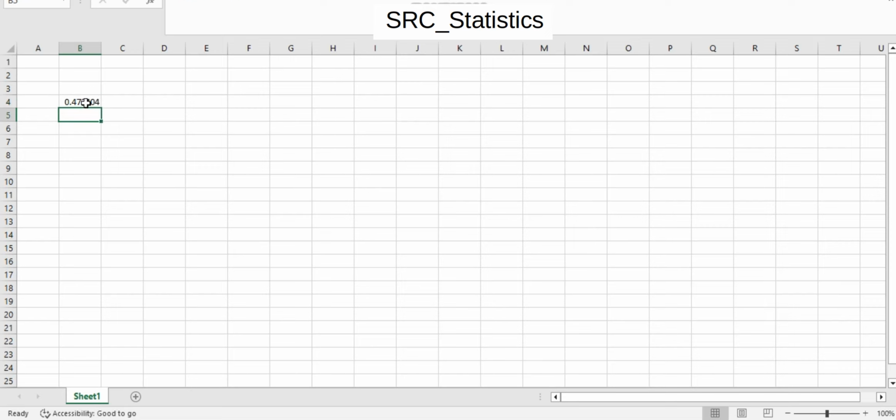So this is the two tail p-value. For the one tail p-value, equal sign T.DIST.RT, the test statistic value, comma, the degrees of freedom, 0.2362. So this is how you can easily calculate the p-value using Excel.